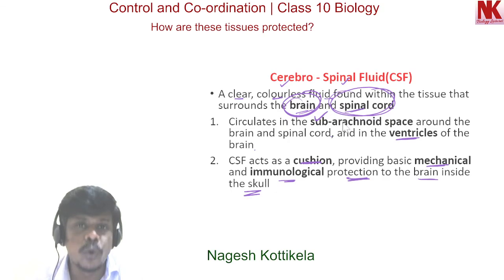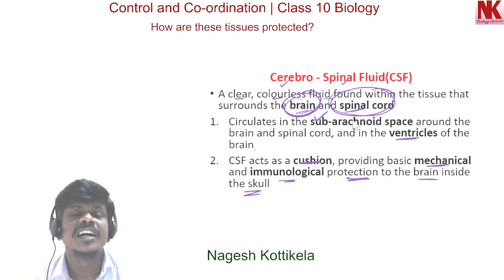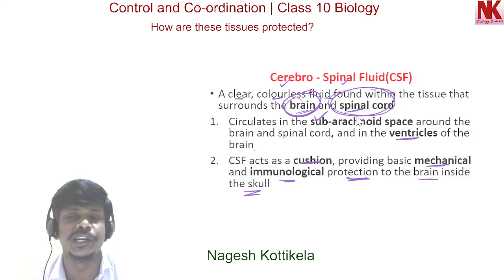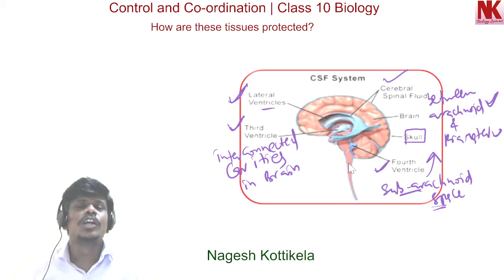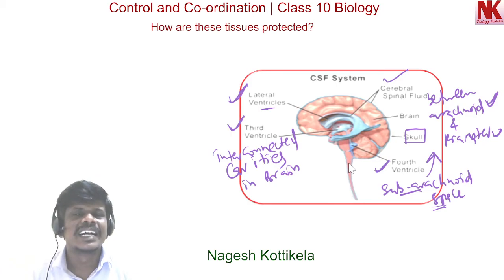As a whole, the brain is protected by the cranial meninges found inside the skull and the cerebrospinal fluid, and the spinal cord is protected by the cerebrospinal fluid and the backbone or vertebral column. So the bony structures like the cranium and the backbone, and the fluid structure called cerebrospinal fluid are protecting the brain and spinal cord. So this is how the tissues of brain and spinal cord are protected.